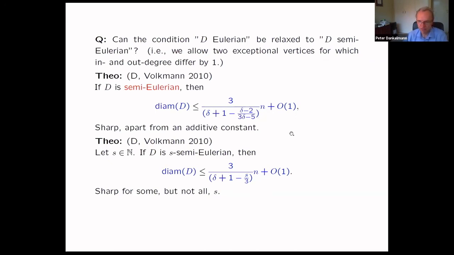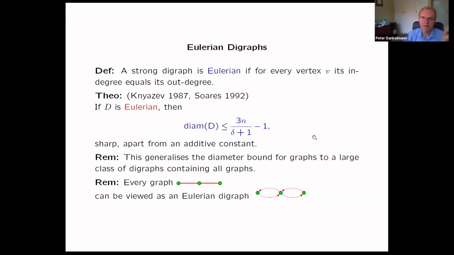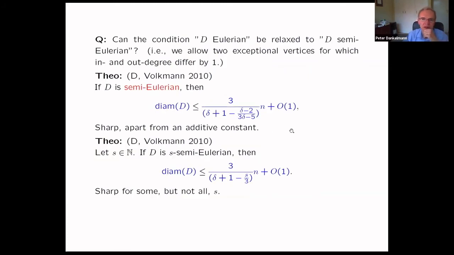And what we firmly expected was that we get the same bound, just the additive constant, the -1, would be something slightly different. But we were very surprised when it turned out that actually the coefficient 3 over delta plus 1 changed. So by just allowing 2 exceptional vertices, the coefficient of n changed from 3 over delta plus 1 to 3 over delta plus 1 minus delta minus 2 over 3 delta minus 5. And this bound is actually sharp.